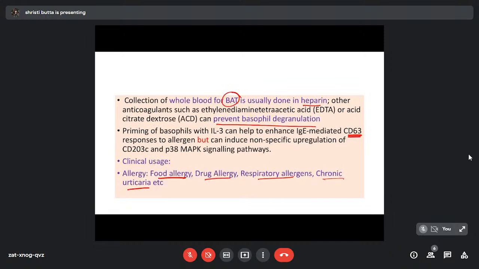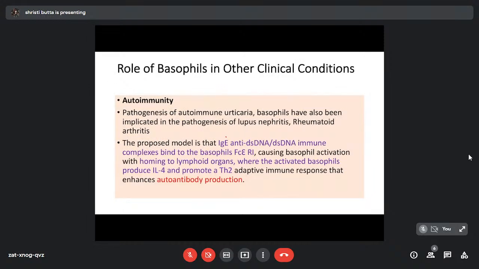Now, the role of basophils in other clinical conditions like autoimmunity. The proposed model is that the IgE anti-dsDNA or dsDNA immune complexes bind to basophil epsilon receptors. So IgE is binding to its corresponding receptors. That causes the basophil activation with homing to the lymphoid organs, where the activated basophils produce IL-4.